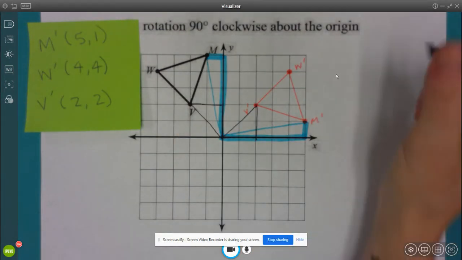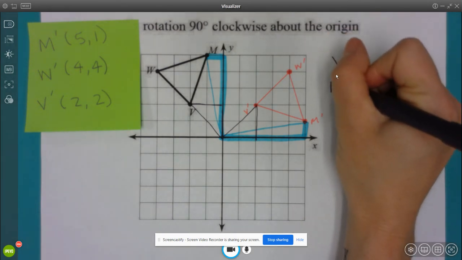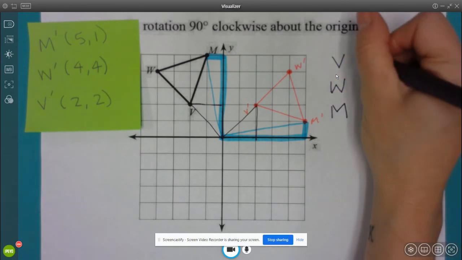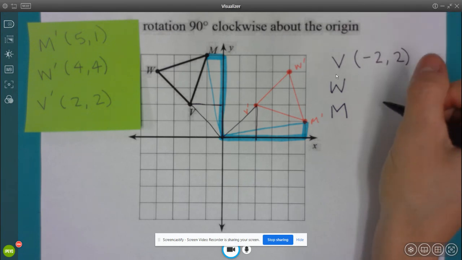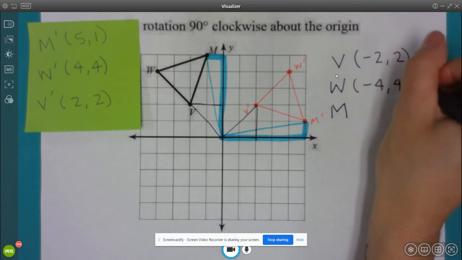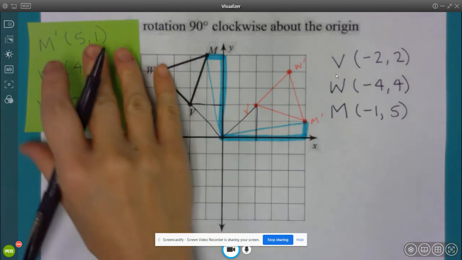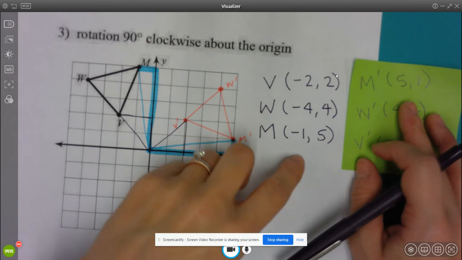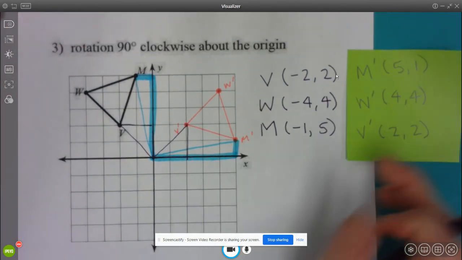So now if we think about our coordinates, so our pre-image was at -2, 2 for V, was at -4, 4 for W, and it was at -1, 5 for M. And now looking at these in comparison to our pre-image points.